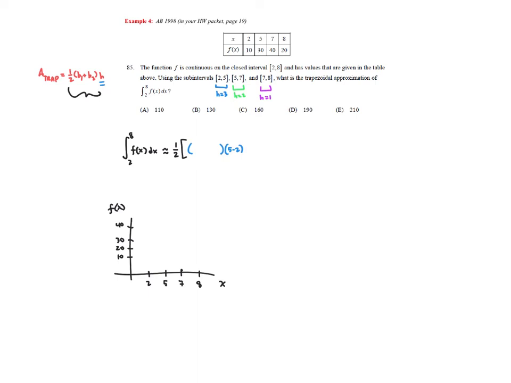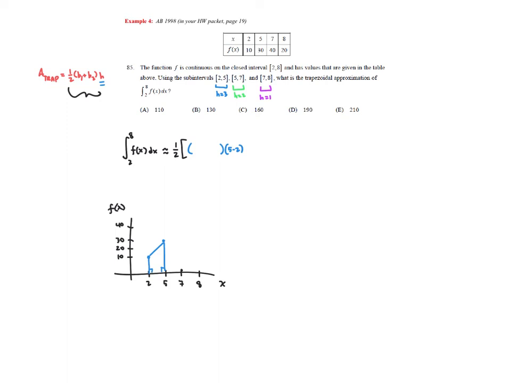Yeah, it's not perfect, but we can work with it. So I got a trap from 2 to 5. The output for 2 is 10. The output for 5 is 30. There's my trap. You can see I got 2 right angles right there.